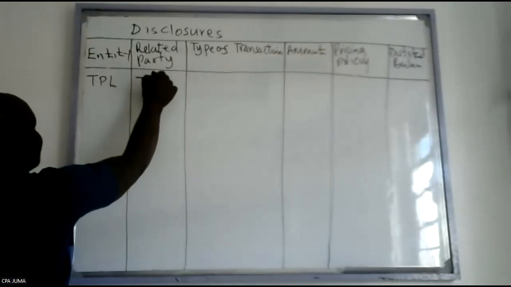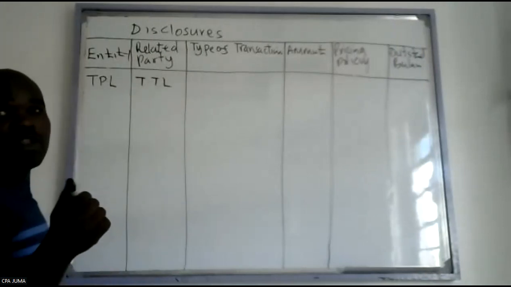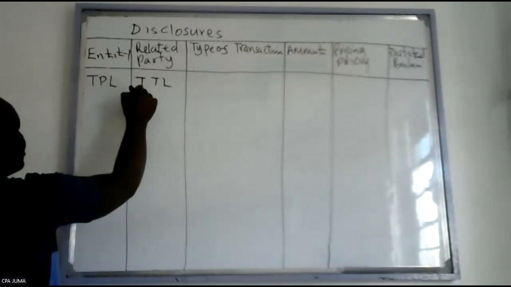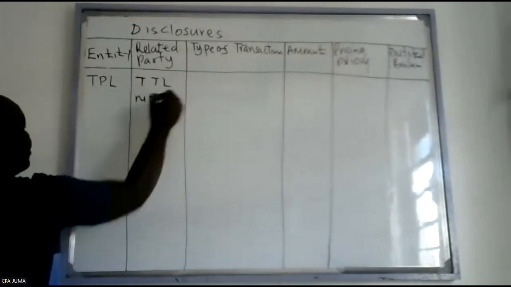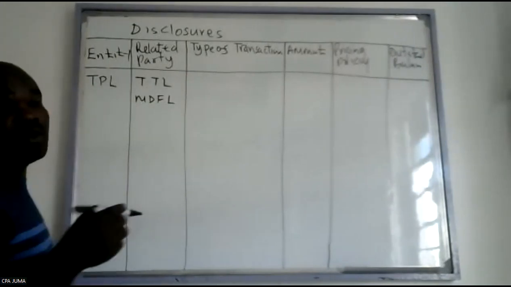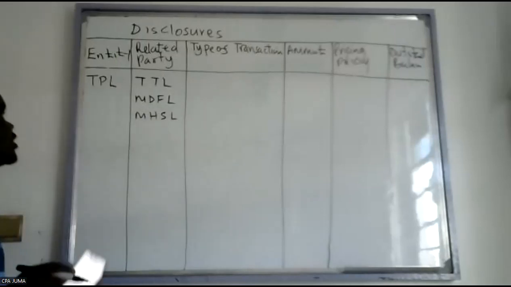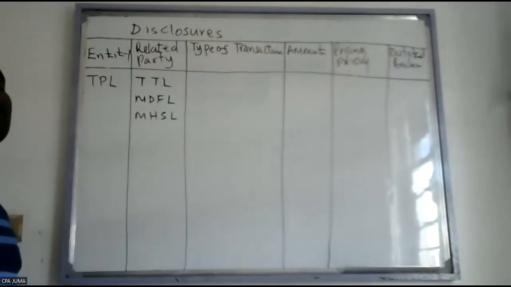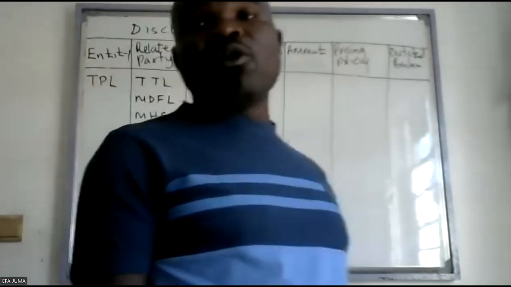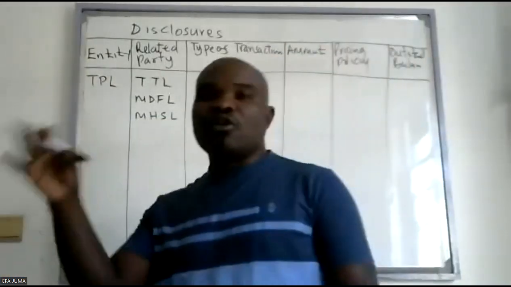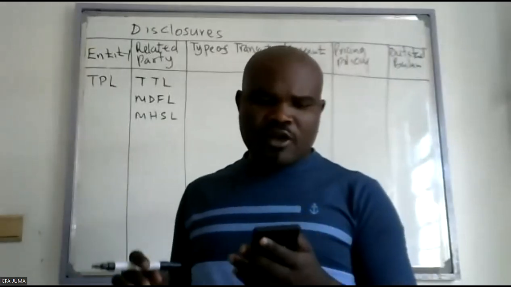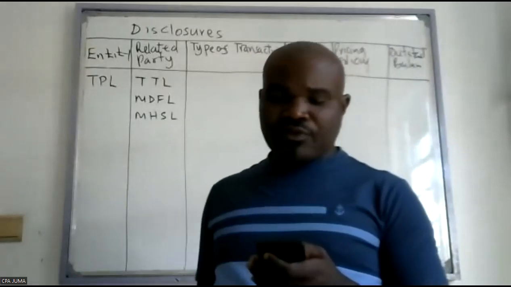So write for me here: they transacted with TTL, they transacted with MDFL, they also transacted with MHSL. These companies were related parties because they were group members, 40% of. Immediately they use the word of, the relationship is there.